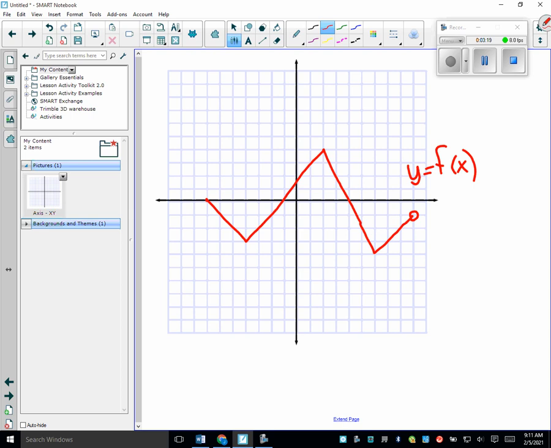It makes it taller or shorter. Stretches it or shrinks it. So I'm going to say y equals 2 f of x plus 1 minus 3.